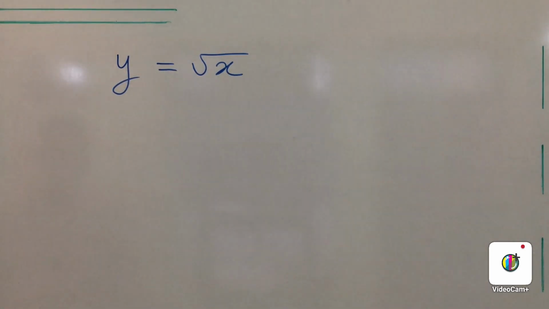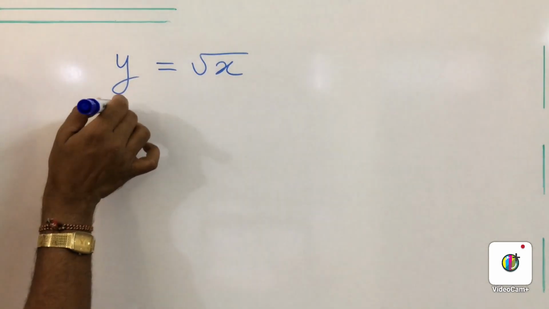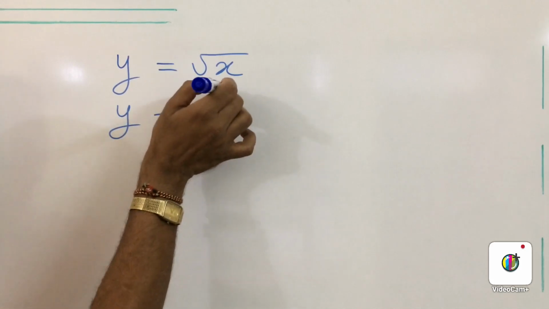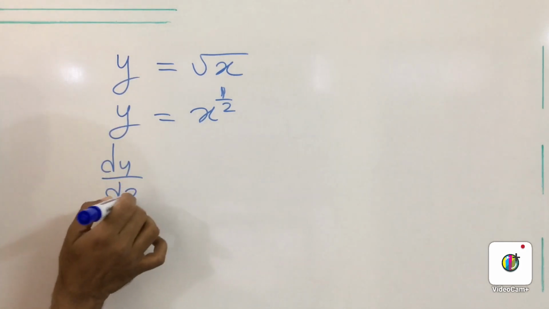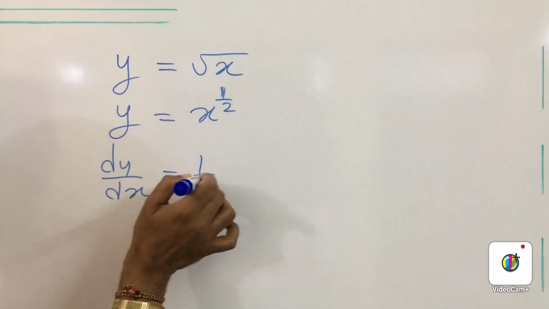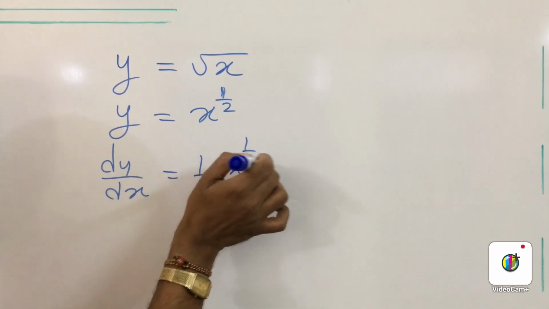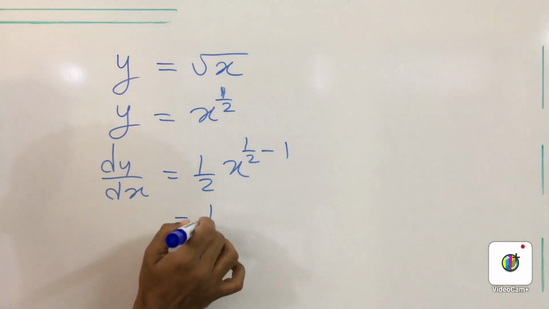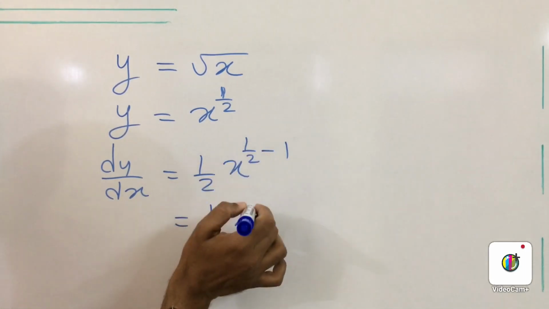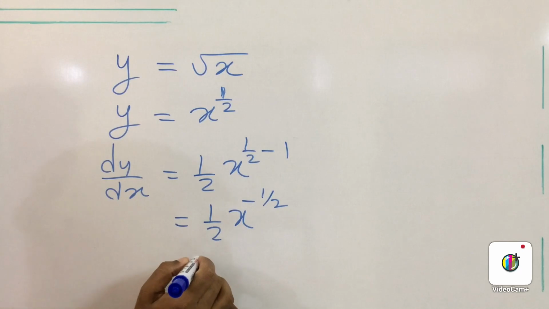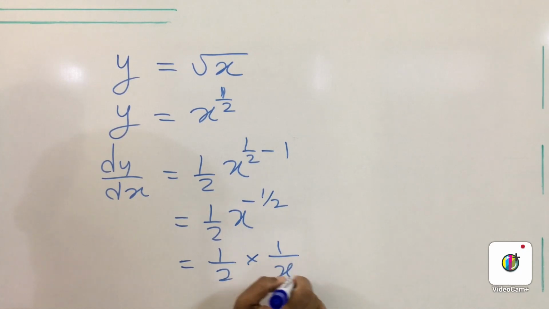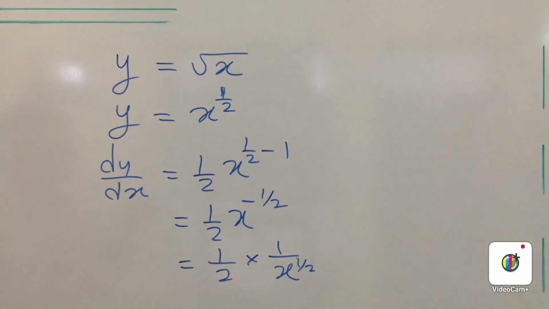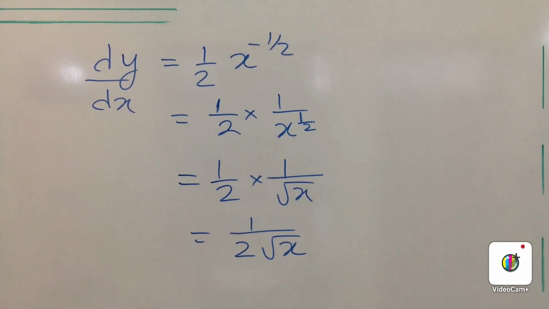Now we will differentiate y equals square root of x. You can rewrite y equal x to the power half. Therefore dy over dx equal, take the half in front, half x to the power half minus 1. Therefore half into x to the power minus half.